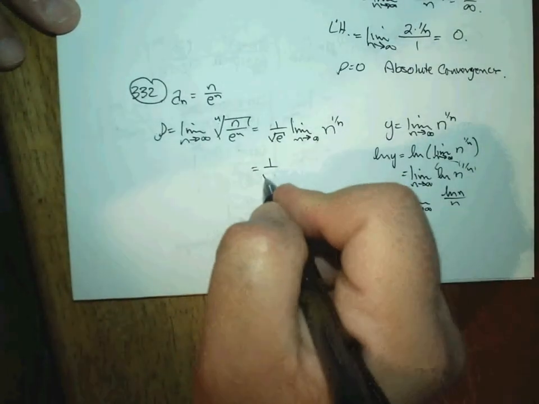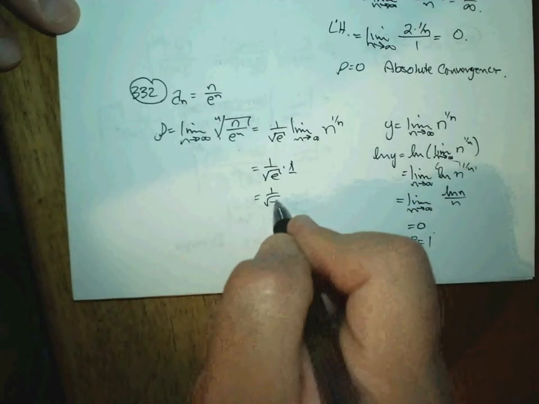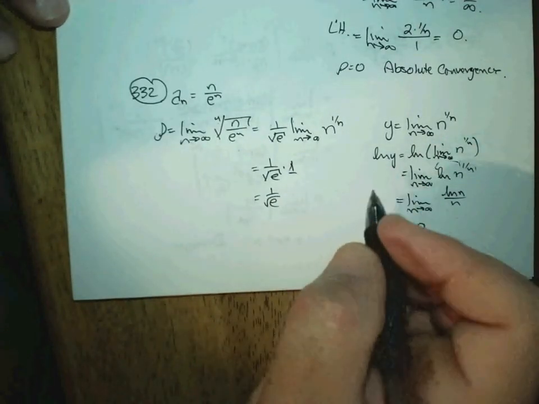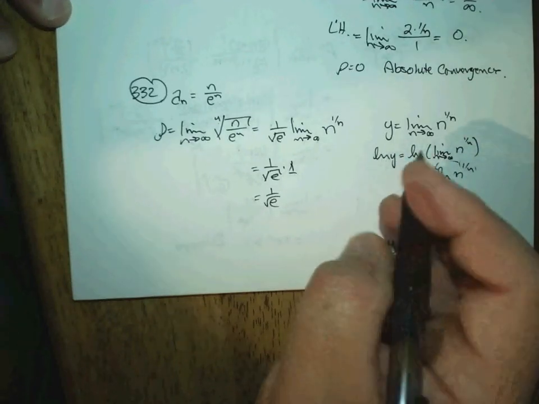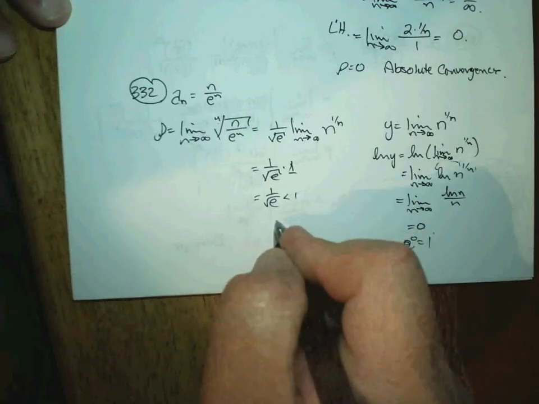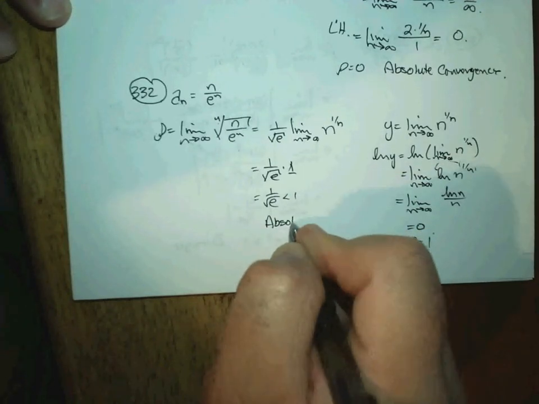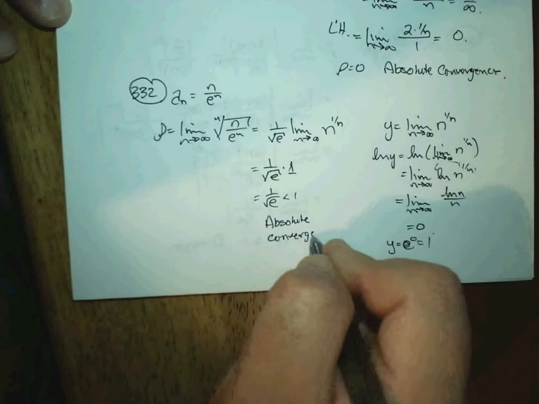So y is e to the 0, which is 1. This limit, therefore, is 1 over the square root of e times 1. 1 over the square root of e is less than 1. So we have absolute convergence.